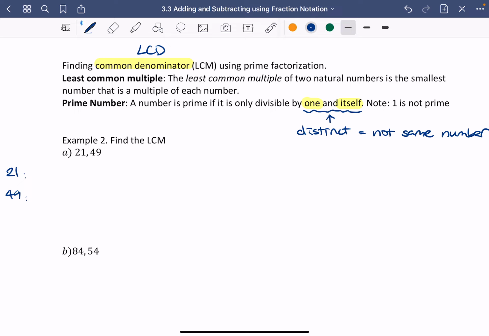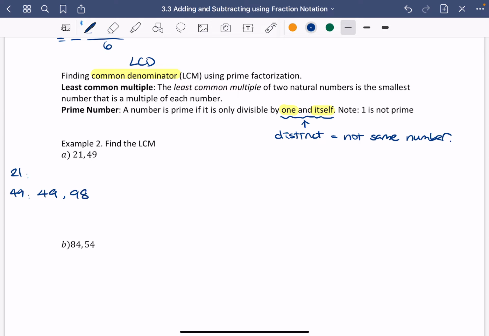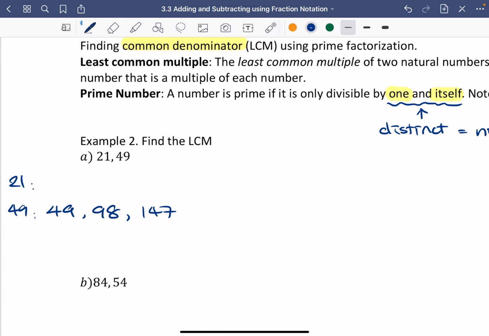Let's start with the bigger number, 49. 49 times 1 is 49, and then 49 times 2 is 98, and then times 3 is 147, etc.